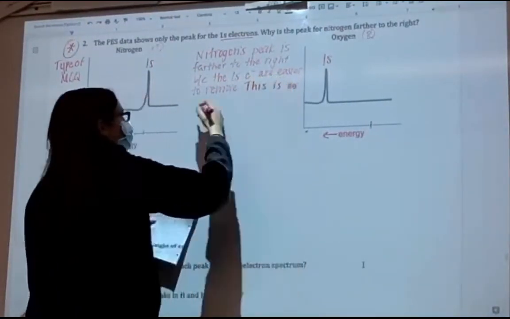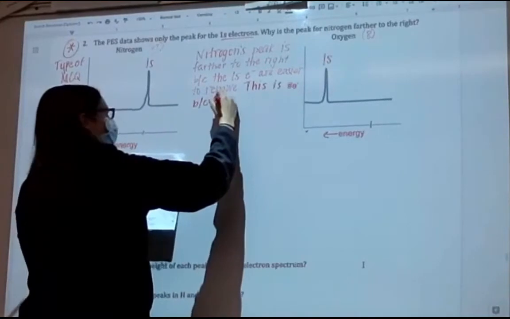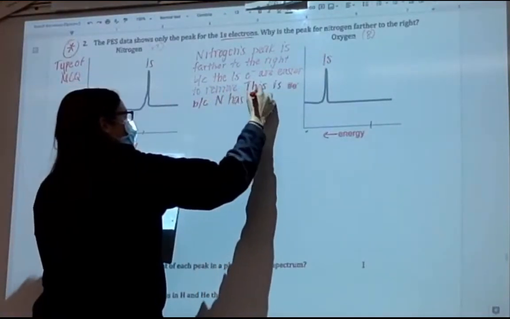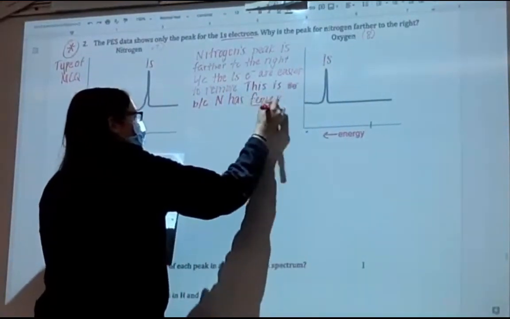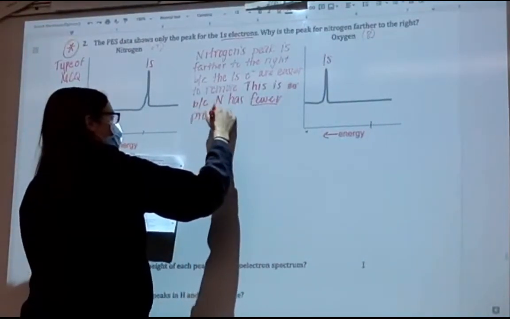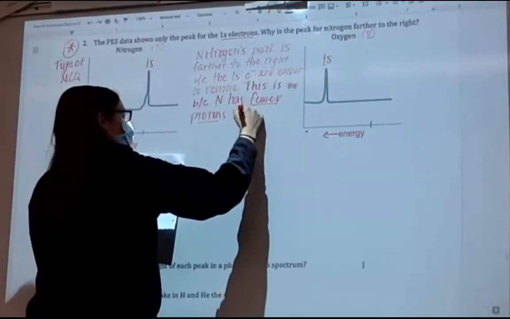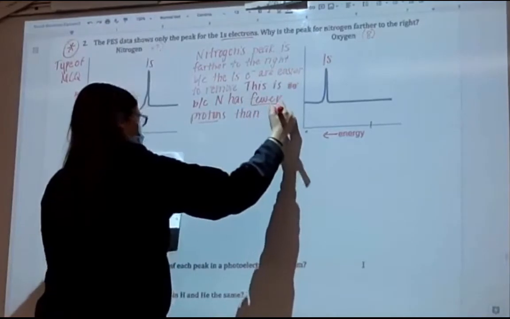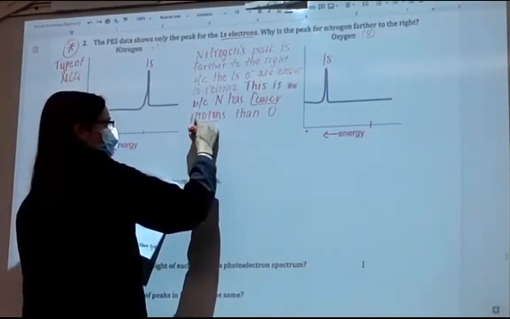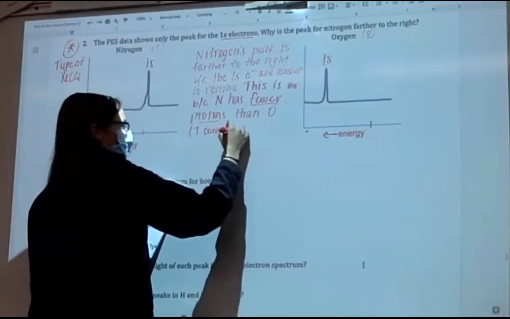So we'll say this is because nitrogen has fewer protons than oxygen. And in parentheses, I'll say 7 compared to 8.